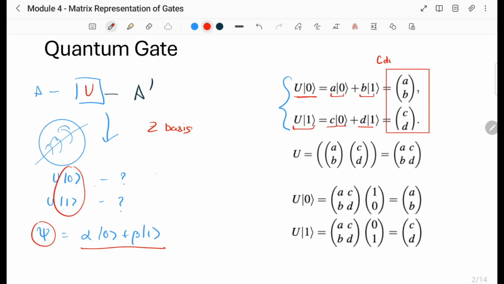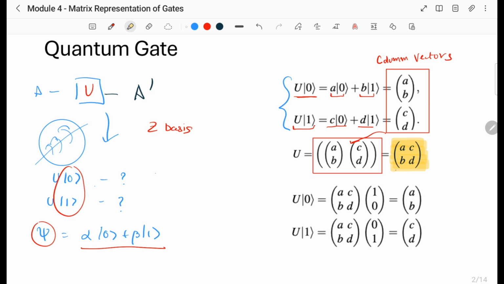I hope you're familiar with this notation from the Dirac notation. And so once we have this information, we can easily write the U gate as a matrix. So this is our gate U.